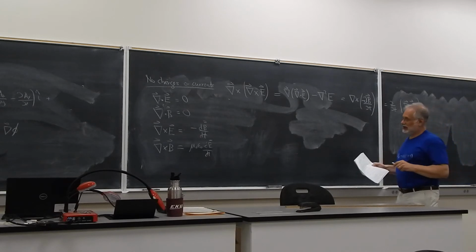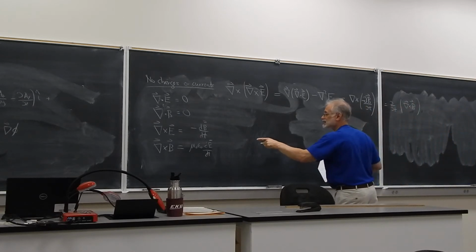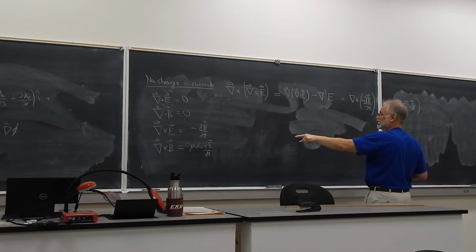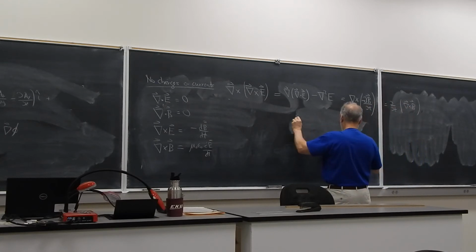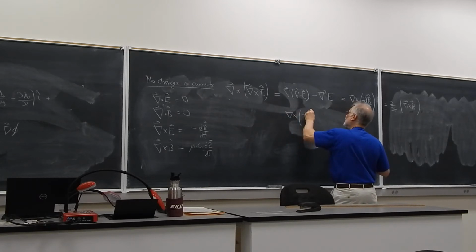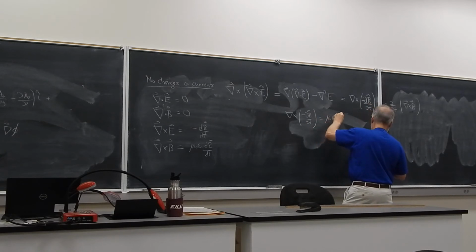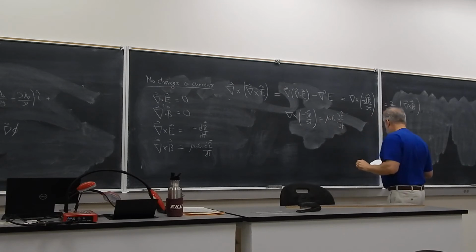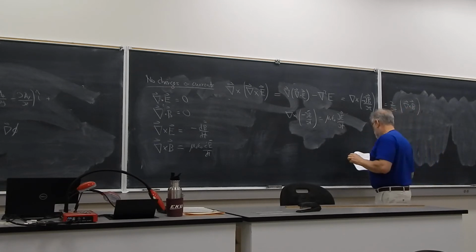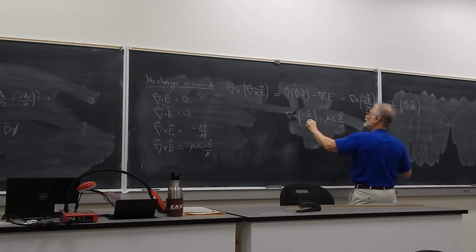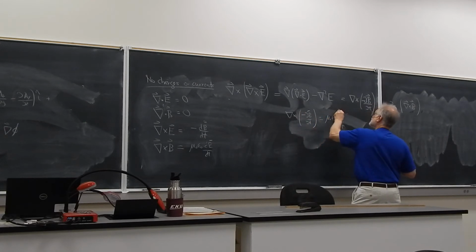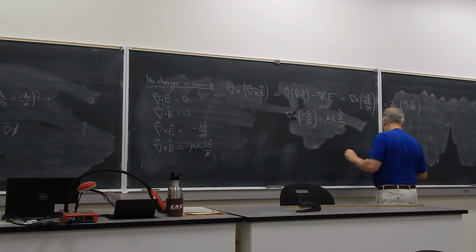Now I go to the fourth equation, and I see del cross B has an expression, dE/dt times mu naught times epsilon naught, so I'm going to write that in. So I have del cross minus dB/dt is equal to mu naught epsilon naught times the second derivative of E with respect to t.